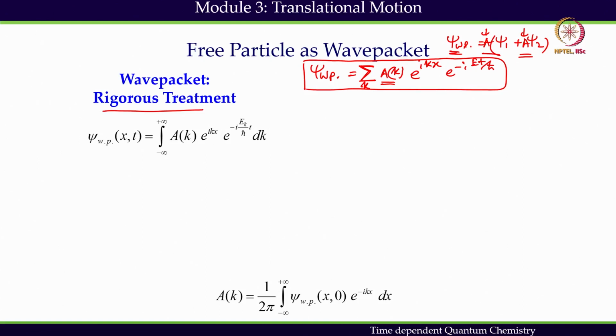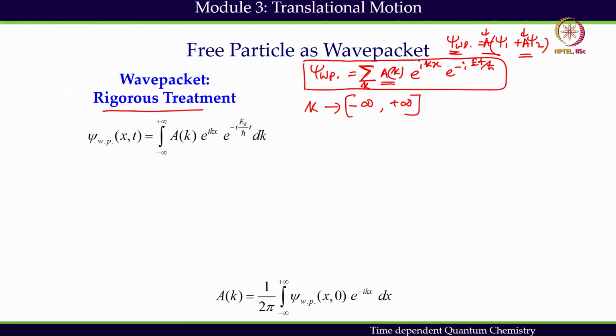Because k may adopt any value from minus infinity to plus infinity, continuously varying, any value it can take up, because a free particle can have any kinetic energy, and a particle in quantum mechanics can travel with any kinetic energy if it is a free particle.